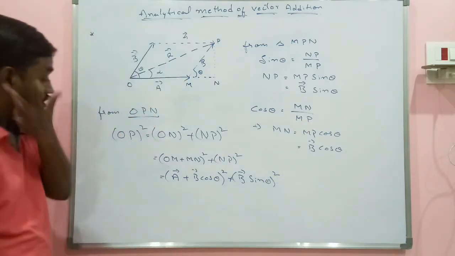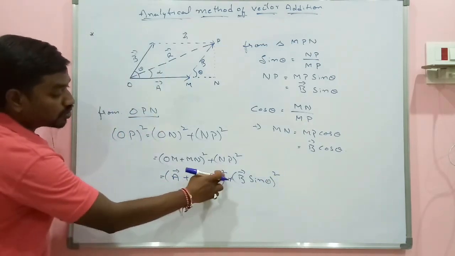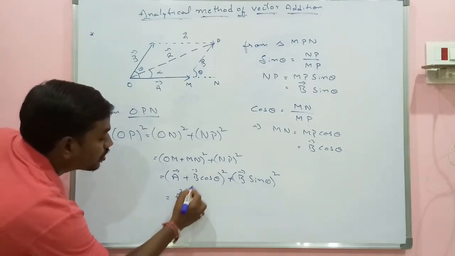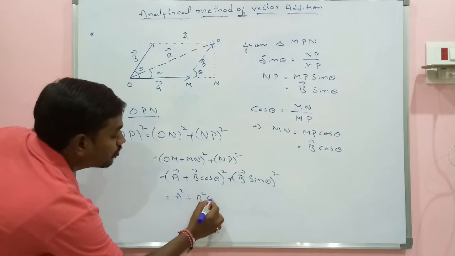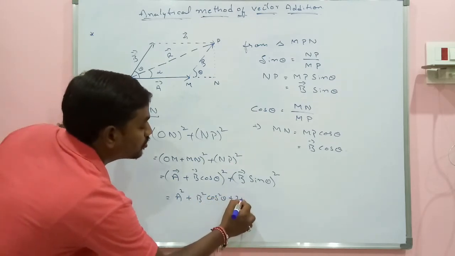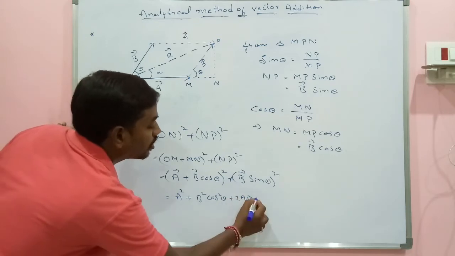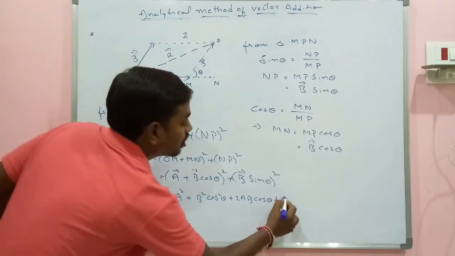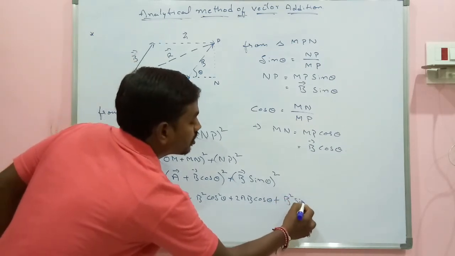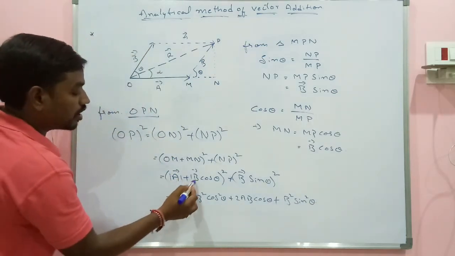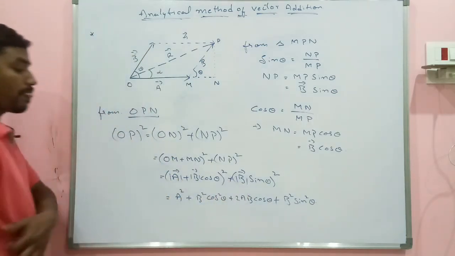Now you expand this, A plus B cos theta whole square. I will be getting A square plus B square cos square theta plus 2AB cos theta plus B square sin square theta. Here consider them as mods, magnitudes.